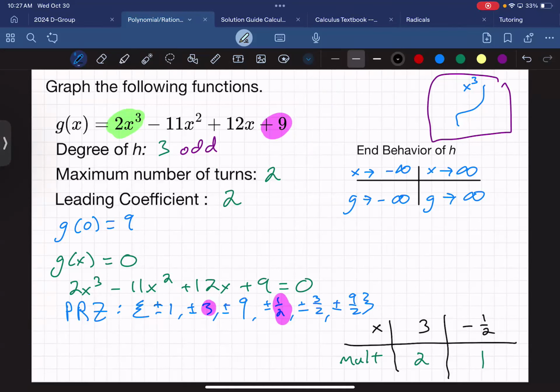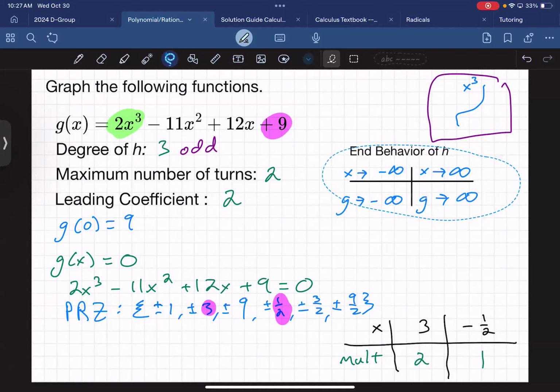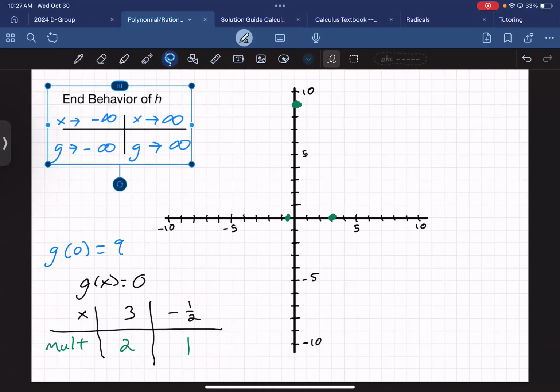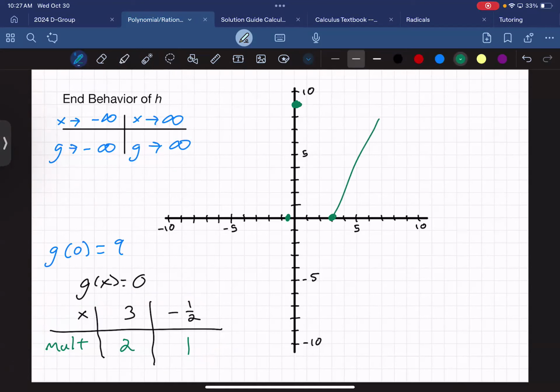The end behavior, right? We could actually bring this over now and say, hey, I got a general idea. It's not perfect. It's just a quick idea of what's going on, right? I know I'm going to need to do this through those points. All right. Now, this is where multiplicity comes in and fills in the gap. How many times did we see negative 1/2 occur? Right, and that's why we list it down here, right?